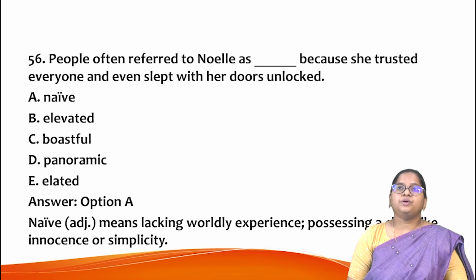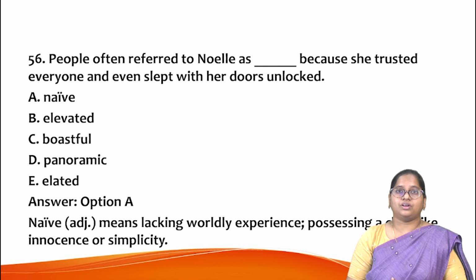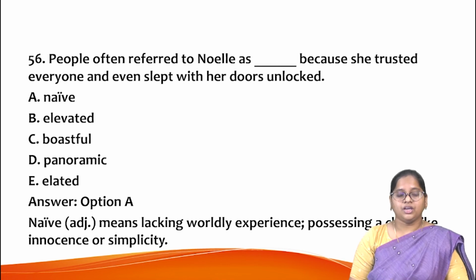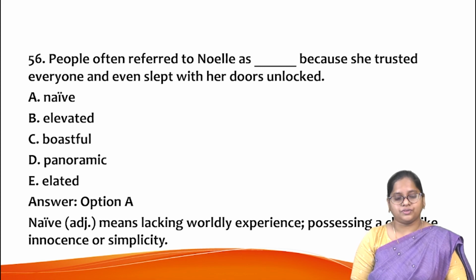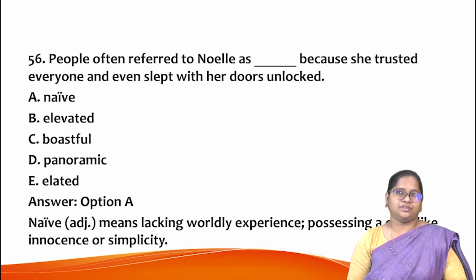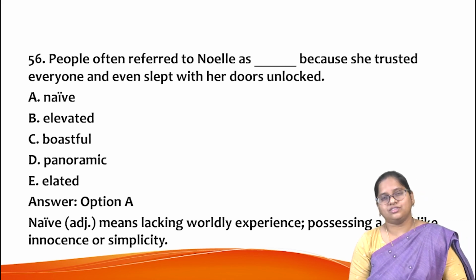Next question. People often refer to Noella as blank because she trusted everyone and she slept with her doors unlocked. So people often refer to Noella as what? Naive means somebody who lacks enough advanced or updated knowledge.